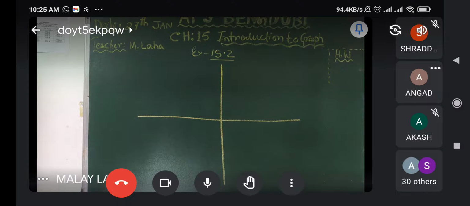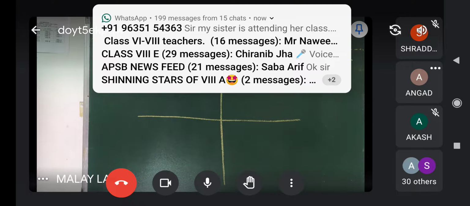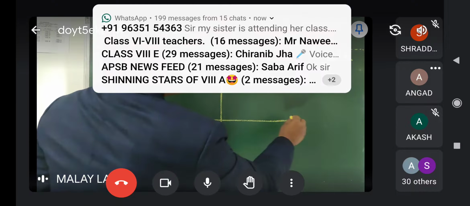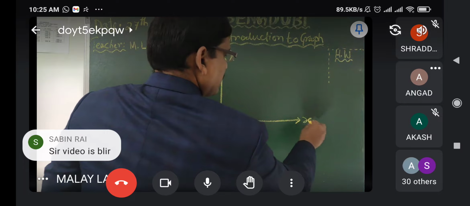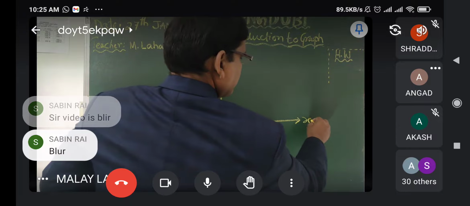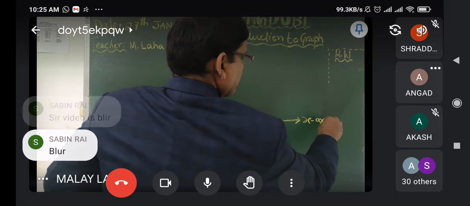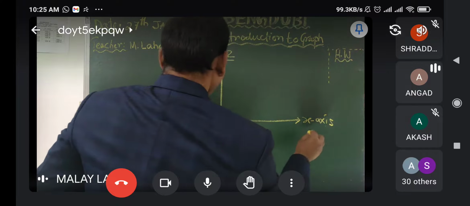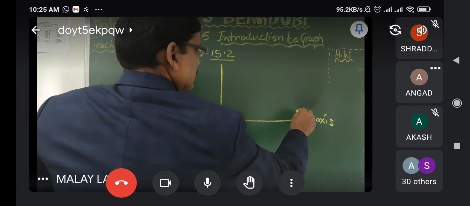Clear? Now I am showing some terminology. You have to write it down. This axis is called the x-axis.